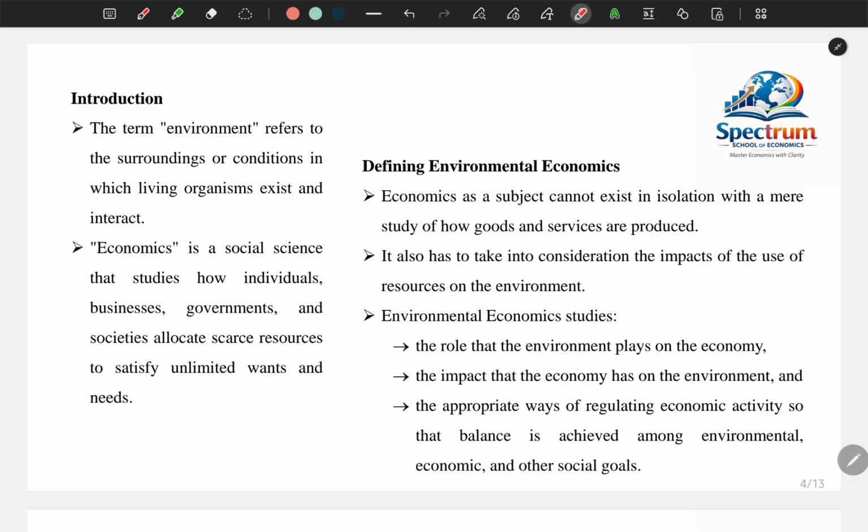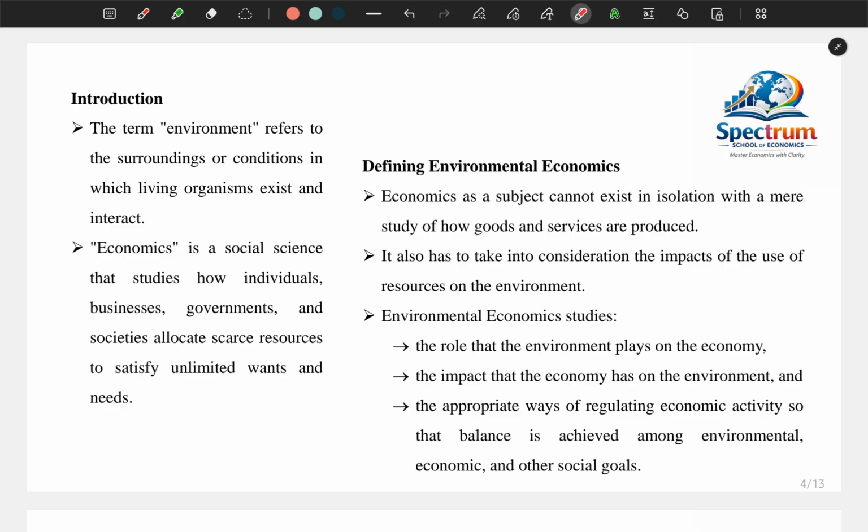So by combining environment and economics, we can define environmental economics. Environmental economics studies the interdependence between economic development and environmental growth.